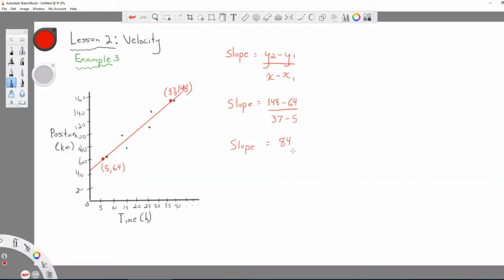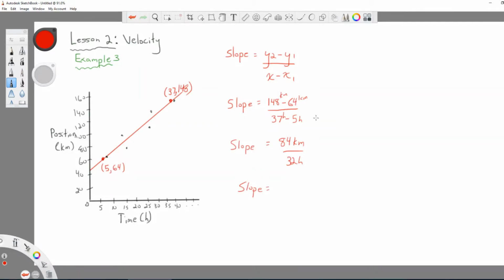And I haven't been putting units on this, but maybe I could. Our y units are in kilometers. So really these two should both have kilometers on them. Kilometers, and this should have hours on it. So this is 84 kilometers over, this works out to what, 32? 32 hours.